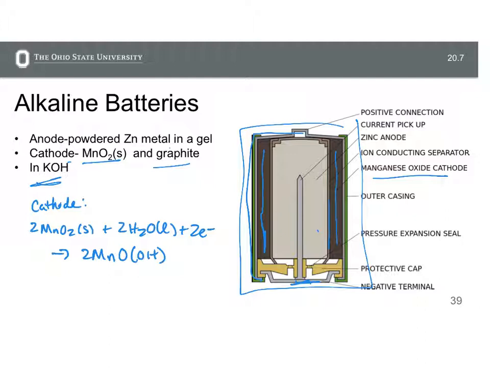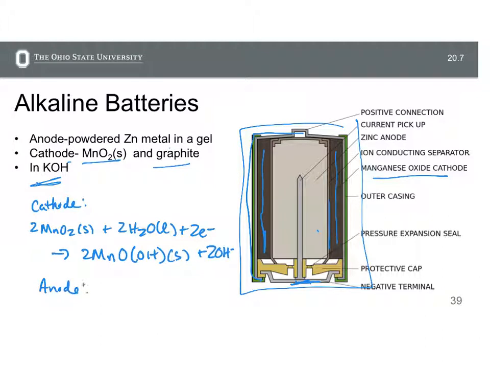So this is an interesting base form of manganese oxide, and that's a solid, plus 2 OH minus. So just real quick here, the lead acid battery, you notice there's a lot of H plus running around. Here we have OH minus. This is the reason why we had you balance redox reactions in acid and then learn how to do it in base. Because you need it to be able to actually balance these if you were to do so.